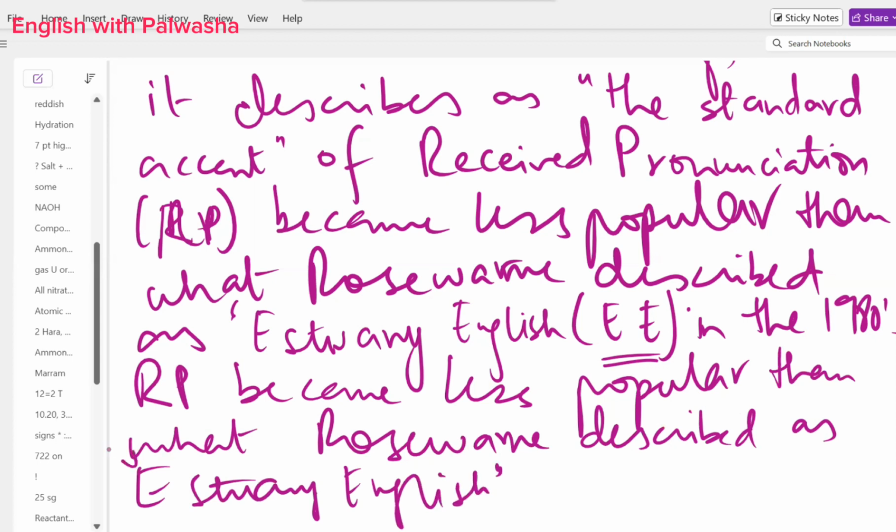Estuary English, double E, in the 1980s.